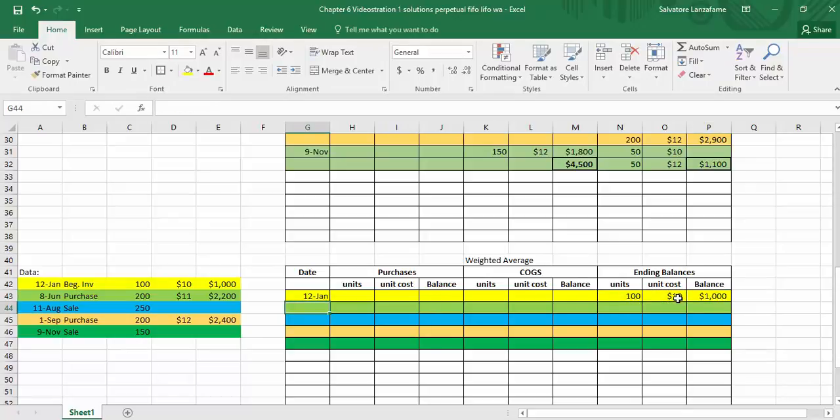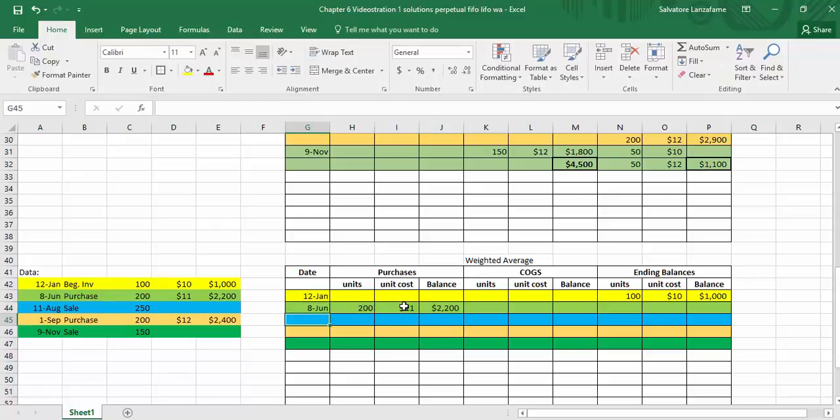Now we're on June 8th, and on June 8th, we bought 200 at 11. Let's do that math, 200 times 11, and for the third straight time, we have 2,200.